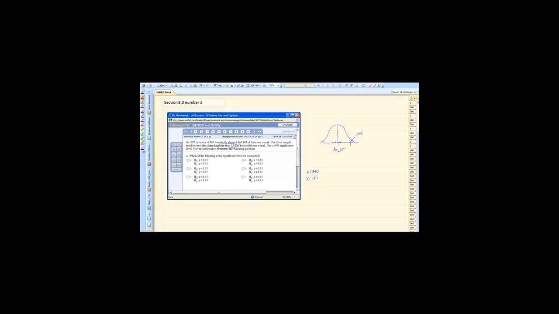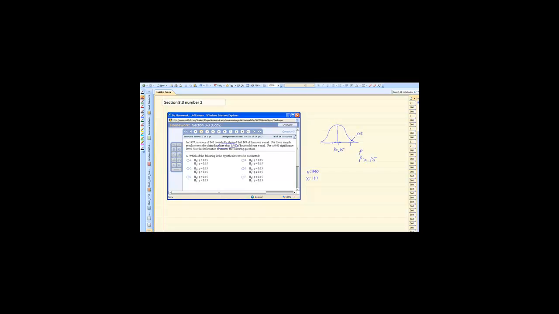If our sample statistics landed us way over here to the right of this hypothesized population proportion of 15%, then we would conclude that the population proportion is actually greater than 15%.